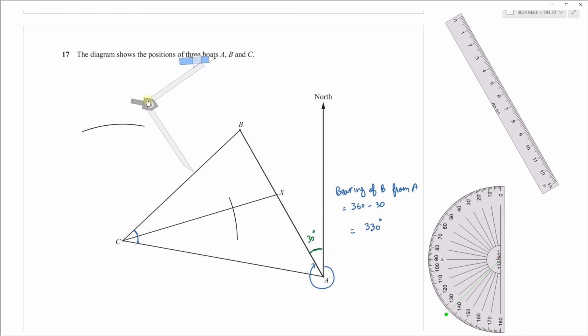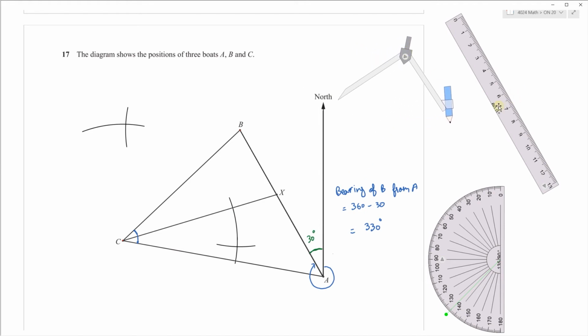And then without changing the length of the compass, I'll center it on B now and then draw arcs on either side. I'll have to extend this arc to get the intersection point. And for this one, I'm fine. So let me place it back here at C and then extend this one a little bit further like this.